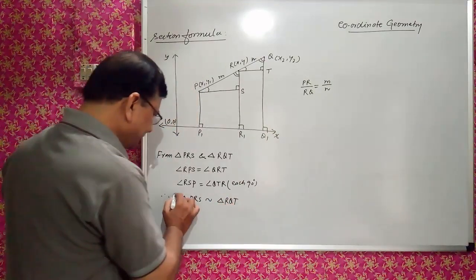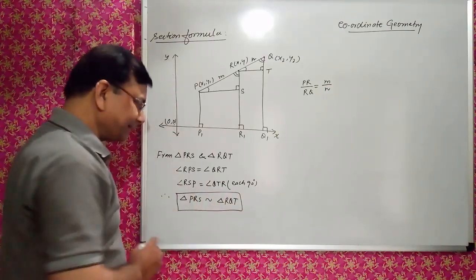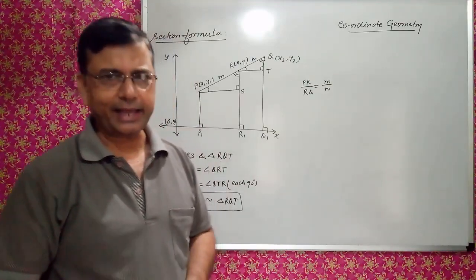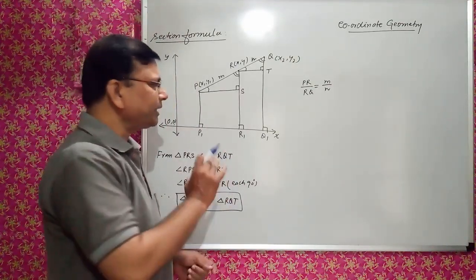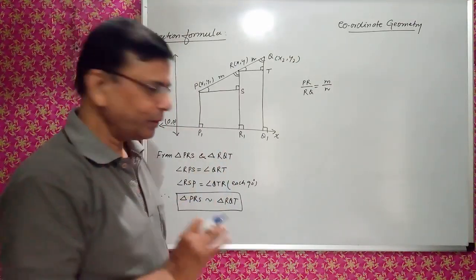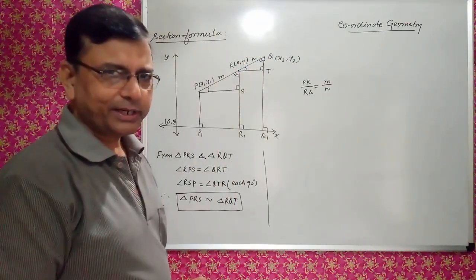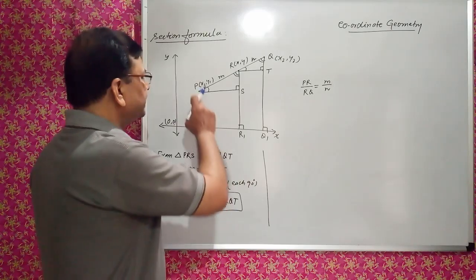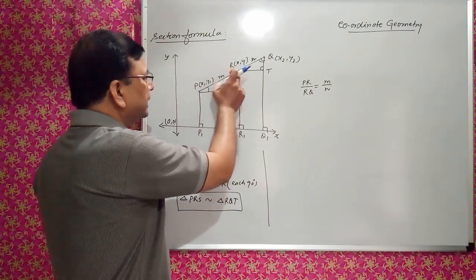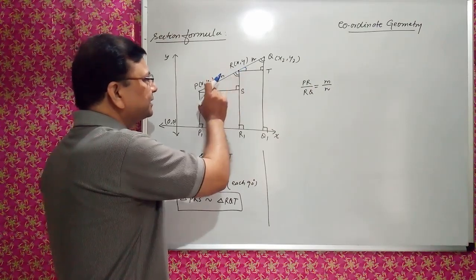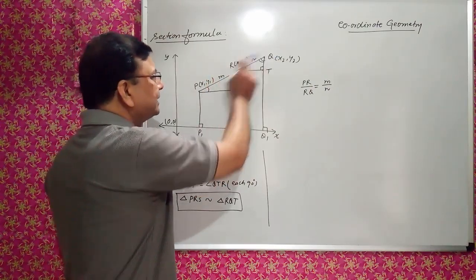When two triangles are similar, as I have taught you in the chapter on triangles, the ratios of the corresponding sides are also equal. In these two triangles, which are the corresponding sides? You see, PR lies between this angle and this angle, so the corresponding angles are this and this.